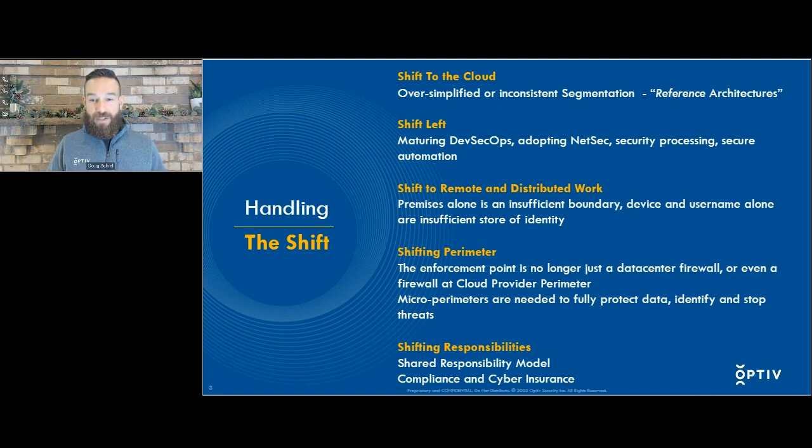The device and username alone aren't really accurate stores of your identity because that laptop could have been picked up while you were on the bus, right? So having other aspects of identity identified is important, and using those as gateways to your resources is important, and a lot of customers are struggling with exactly what to do there.